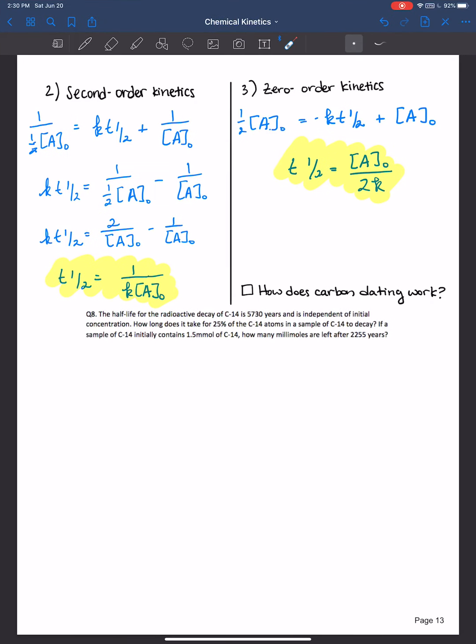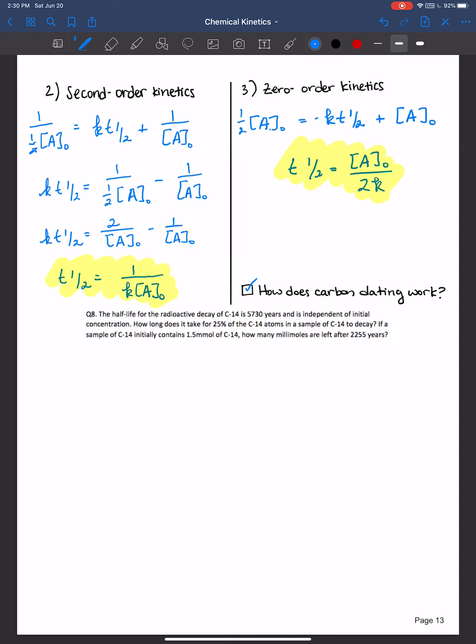So, that's pretty interesting to hear how that all works. And for my future anthropologists out there, maybe you'll do some carbon dating. But yes, so let's go ahead and work a problem together. So the half-life of the radioactive decay, we're focusing on carbon-14, as he just said, is 5,730 years.